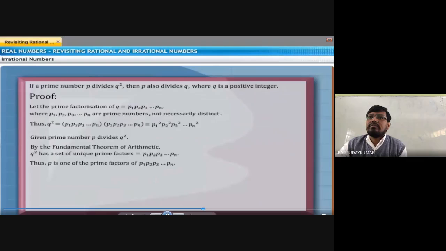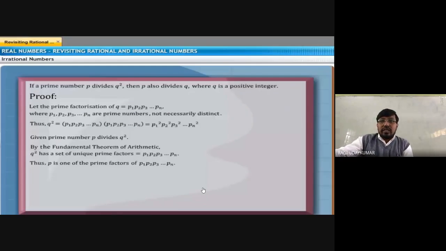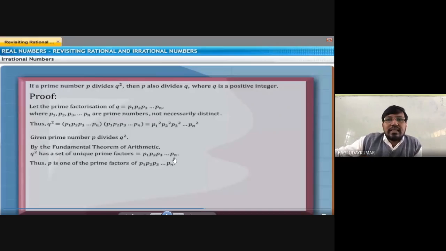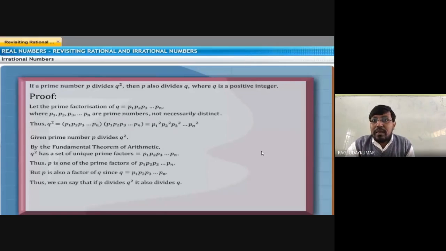Among the prime numbers p1 to pn, one number p compulsorily should be there, because p divides q square is given. So p is one of the prime factors p1 to pn. But p is also a factor of q, because q is equal to p1, p2, p, pn. Therefore, we can say that p divides q square and p divides q.